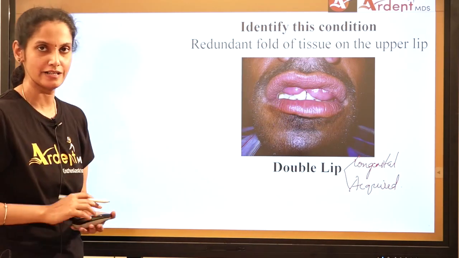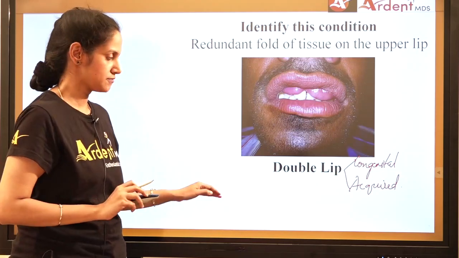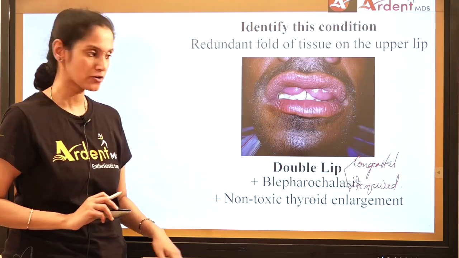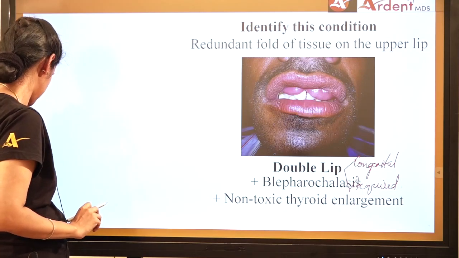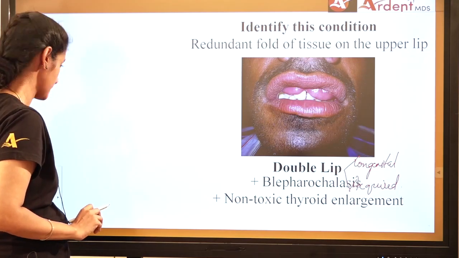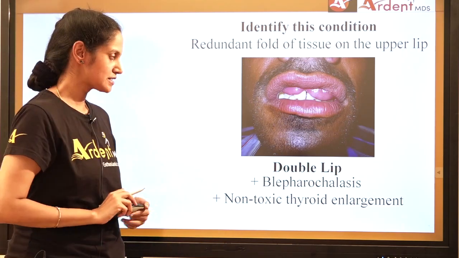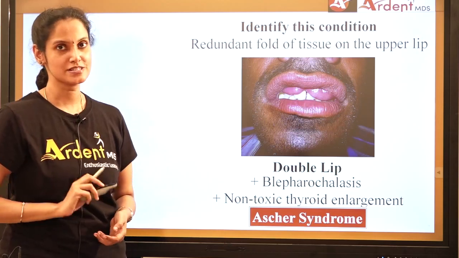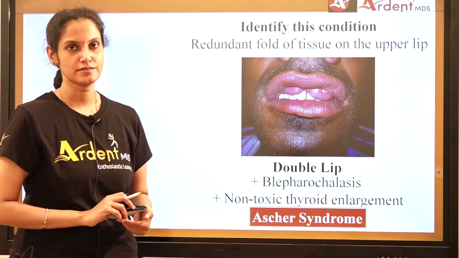Congenitally, if it is present, it might get associated with a few other conditions like blepharochalasis and non-toxic thyroid enlargement, in which case it is called Asher's syndrome. It's one form of congenital presentation.